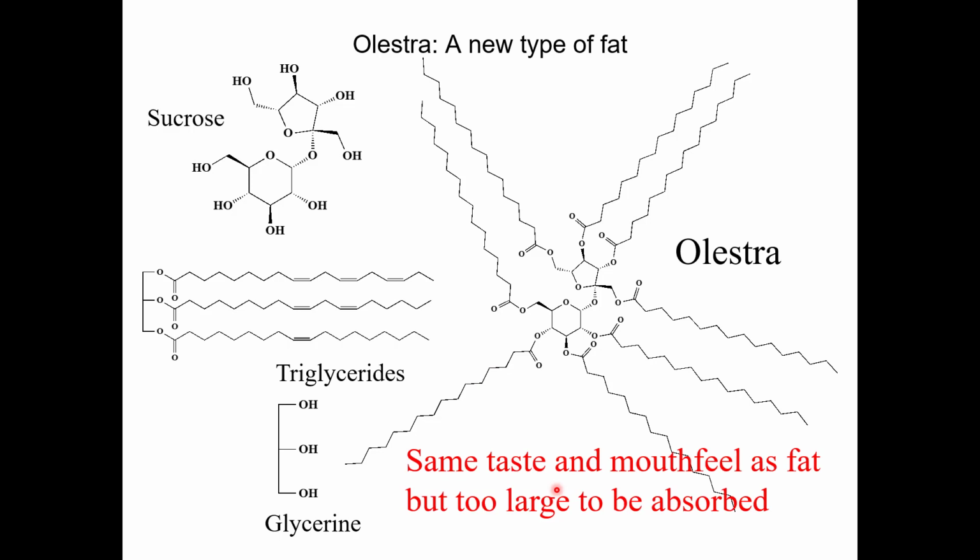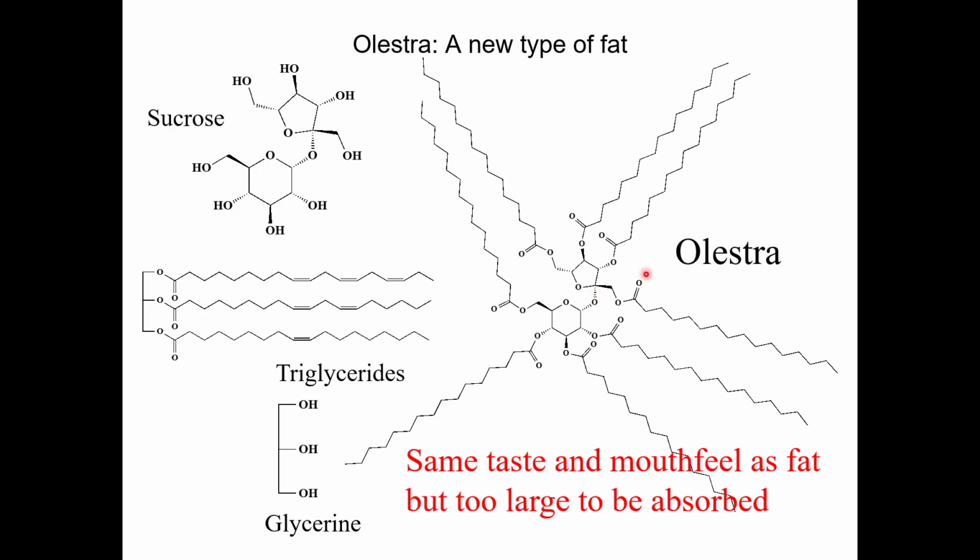So you can see that it had the same taste and mouthfeel as a fat, but it was too large to be absorbed. It still had these long chain fatty acid groups coming off of it, but instead of having this central backbone of glycerol, which lends a certain structure that your body is used to handling, it had sucrose as the structure there in the middle, as you can see.